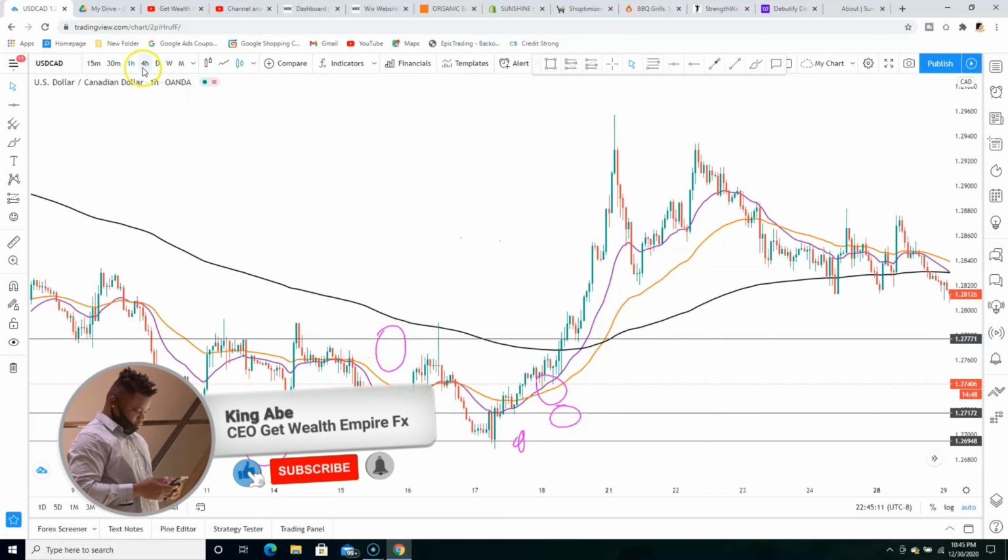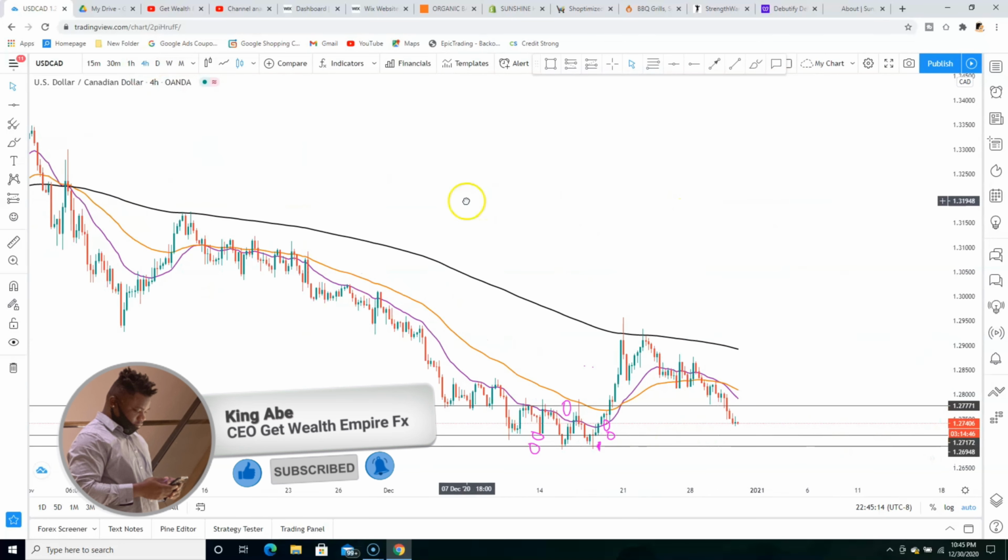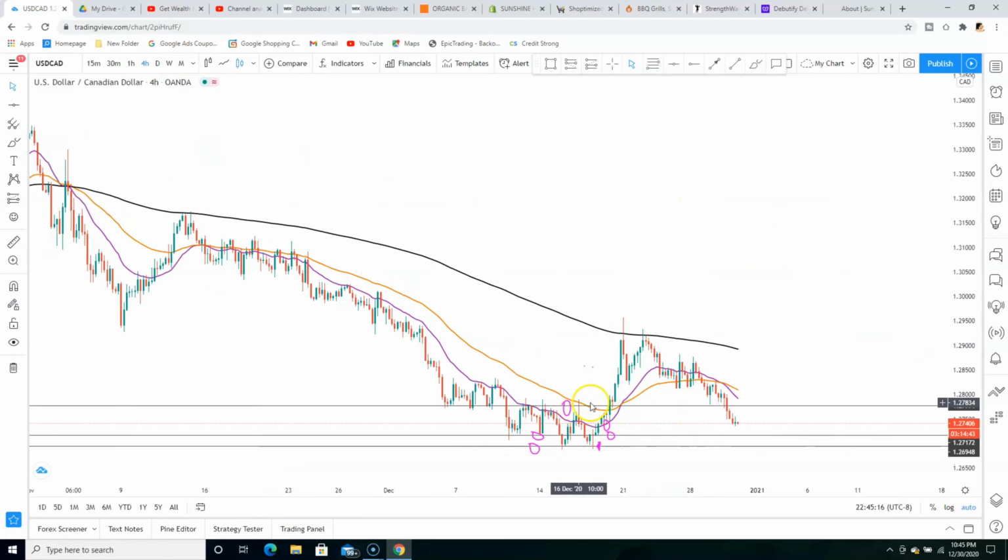And if we go back to the 4-hour time frame, we'll also see that it's a very good strategy, and you just get in, because right here on the 4-hour time frame, we can clearly see that this was also a previous support zone. So you have to put your first take profit there, and then when price closes above it again, you can get in again.